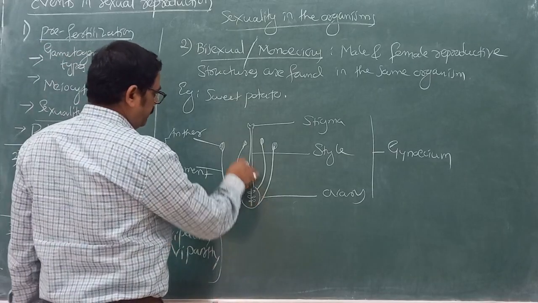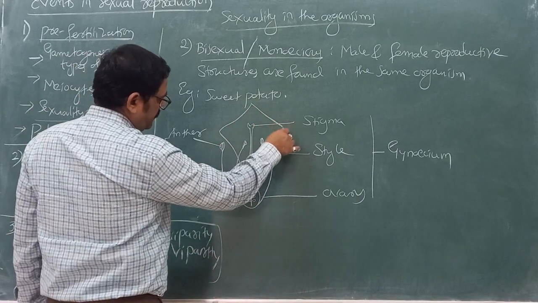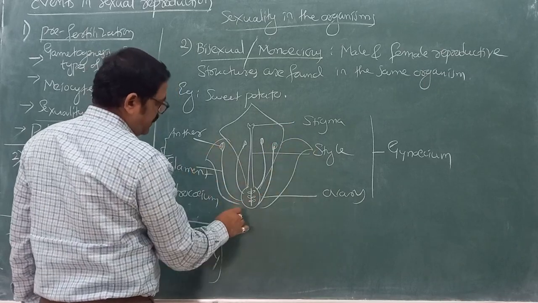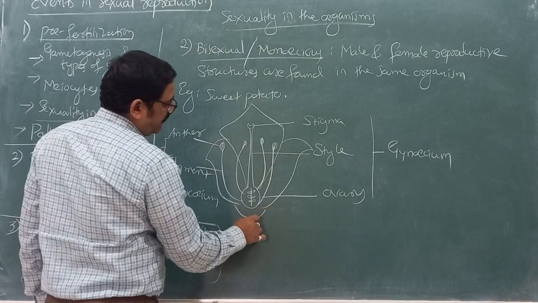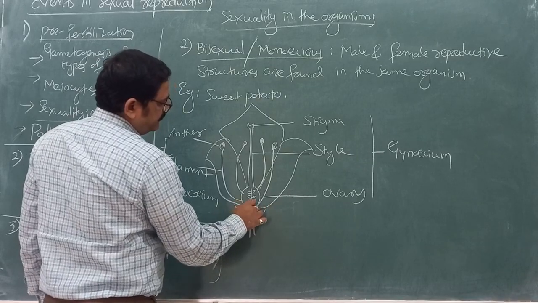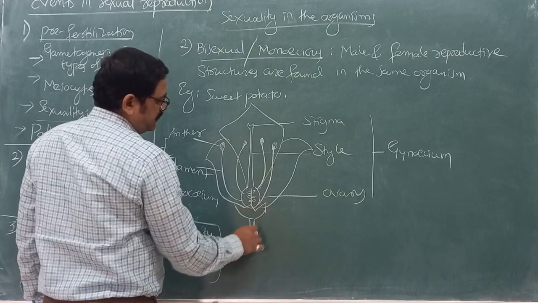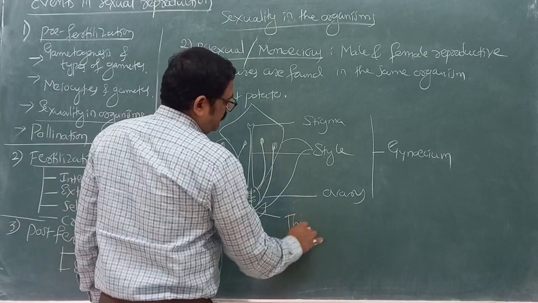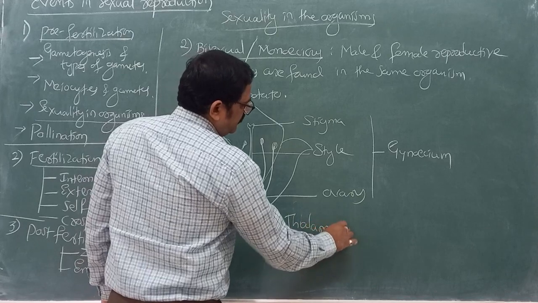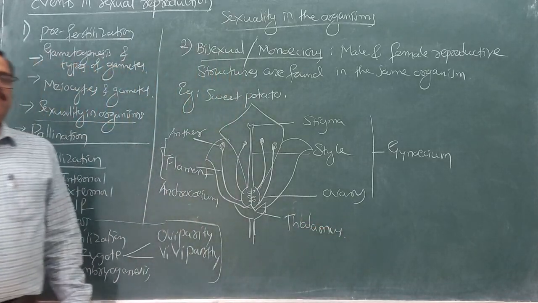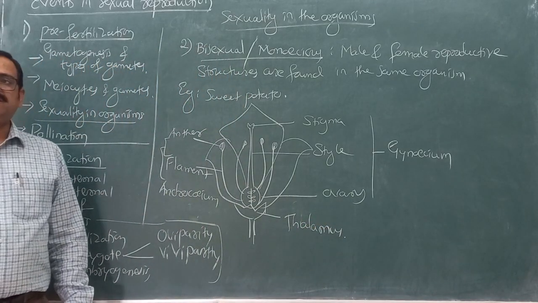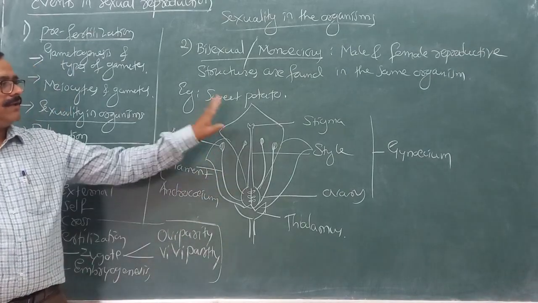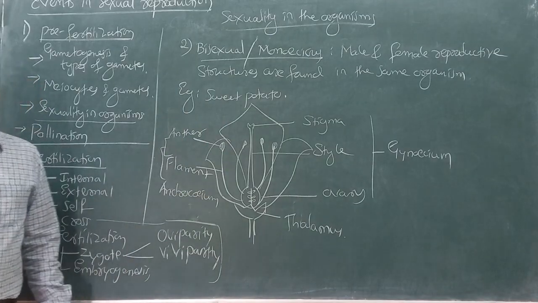Okay, so thus the flower exhibits the presence of colorful petals. Then down here is the thalamus, on which mainly the arrangement of petals, sepals, as well as the anthers and then the ovary is located.